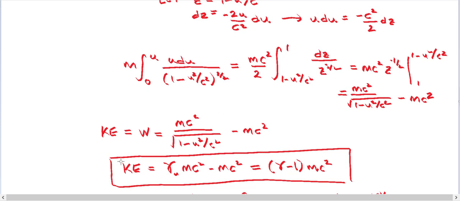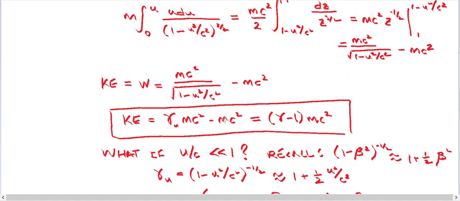Note that that is gamma sub u times mc squared minus mc squared, which is also equivalent to quantity gamma minus 1 times mc squared. So hopefully you followed that. This is going to be very, very useful to us.